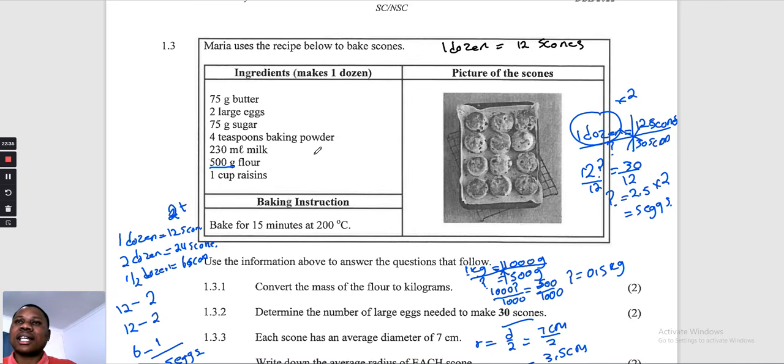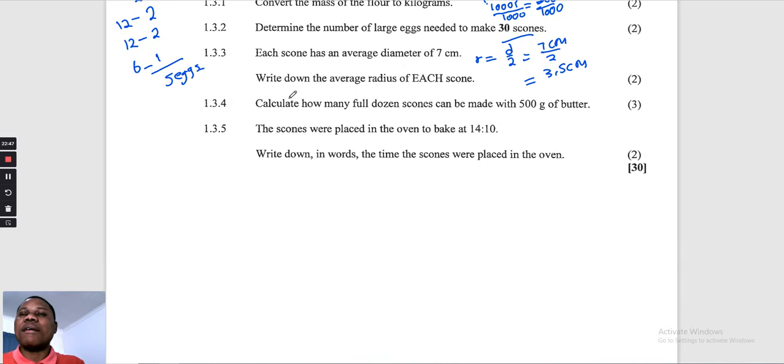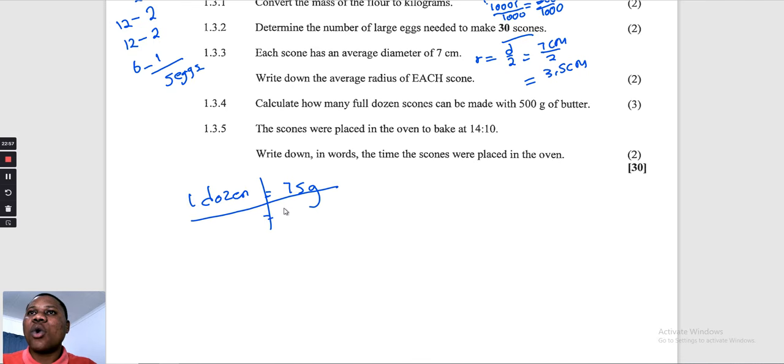Remember, this recipe makes 1 dozen, and it is made using 75 gram of butter, meaning that for 1 dozen they needed 75 gram of butter. So now, what if we are going to use 500 gram of butter? How many dozens are we going to make? This is our question mark.